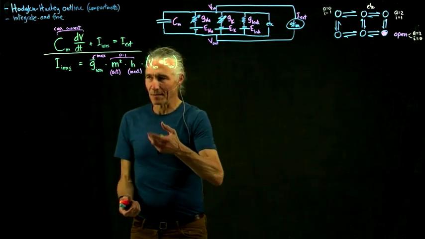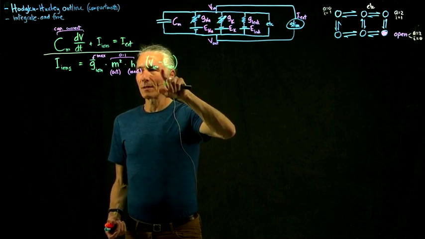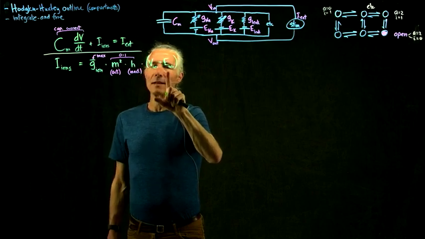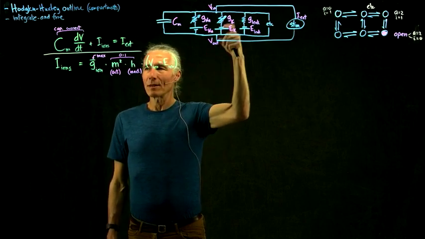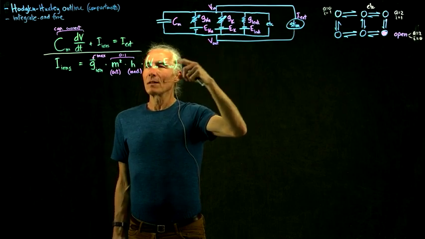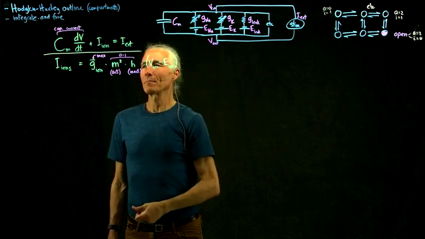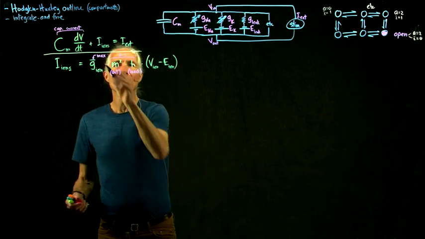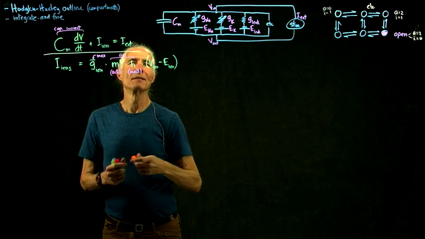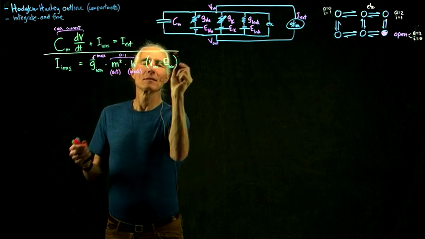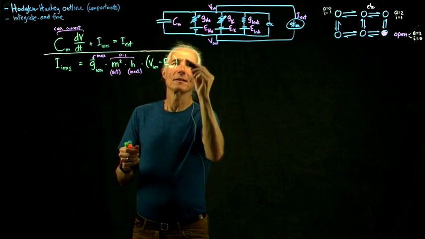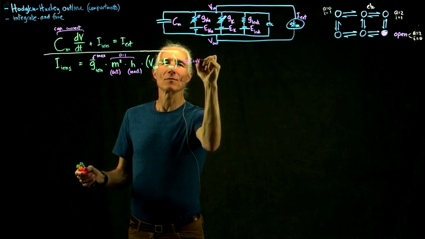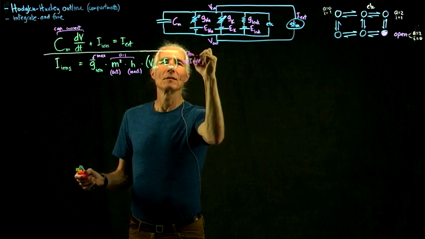Or if it's the opposite of the battery, we'll exactly cancel it out. So we only get current flowing through the channel if there's a difference between the Nernst potential, where the battery is trying to drive the membrane to, and whatever the present membrane potential is. So this whole thing is Ohm's law. So this guy, let's put it off to the side. So the whole thing is just current equals conductance times voltage. So Ohm's law.